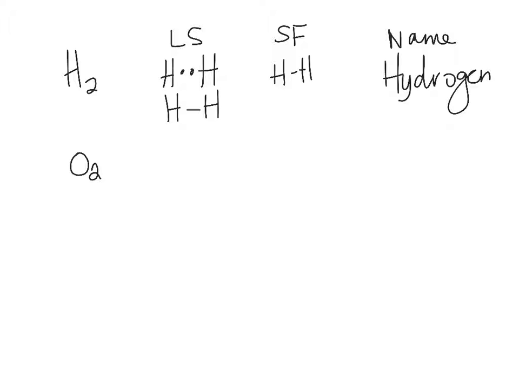Oxygen. Oxygen has a combining capacity of 2. So it's going to make 2 bonds. How many valence electrons does oxygen have? 6.